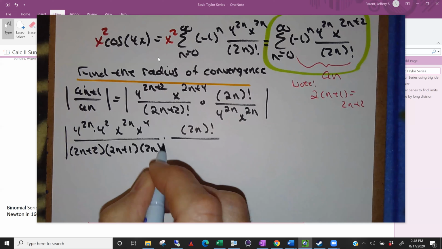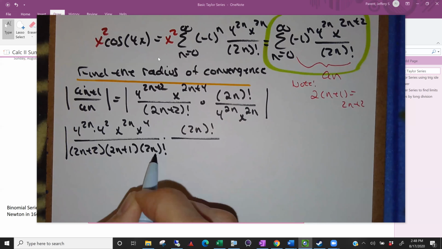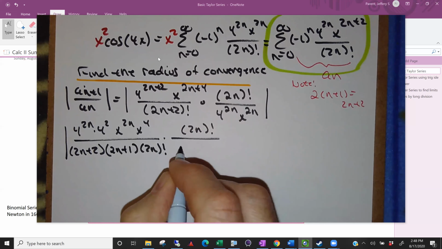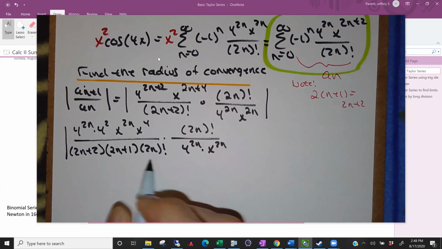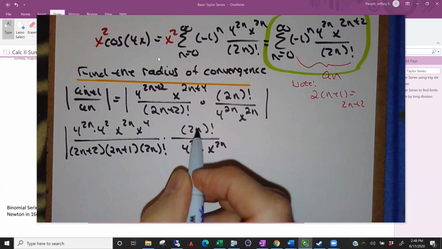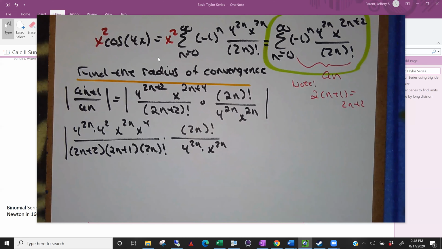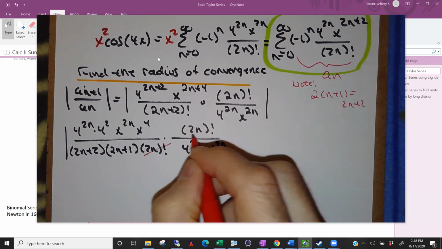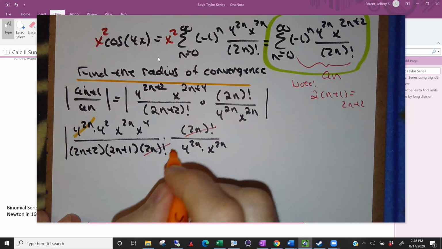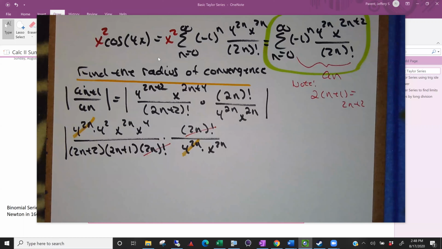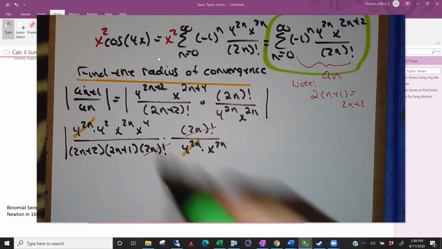But let's stop there. Why am I stopping here? Because those two cancel. At that point I can get rid of a lot of stuff: this, and this.